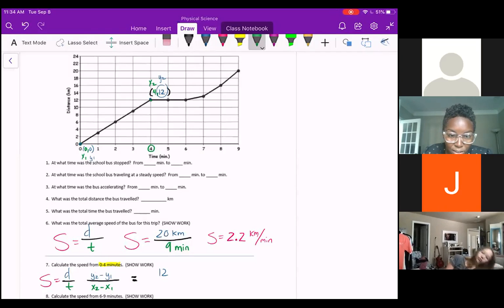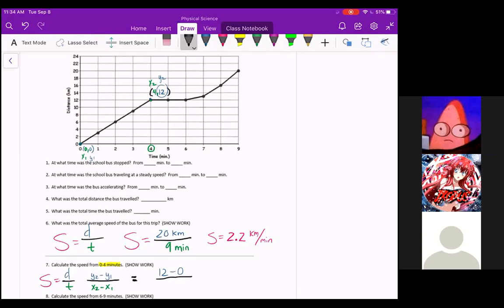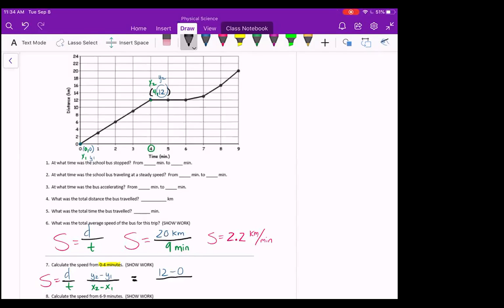All right, so now I said Y2 minus Y1. What was Y1? 0. Very nice. And then I'm supposed to divide that by X2 minus X1. So take a second, everybody find X2 and X1, fill it in, and then I'll fill it in.